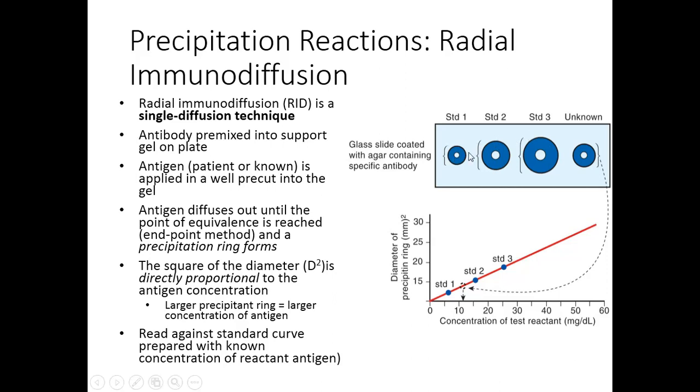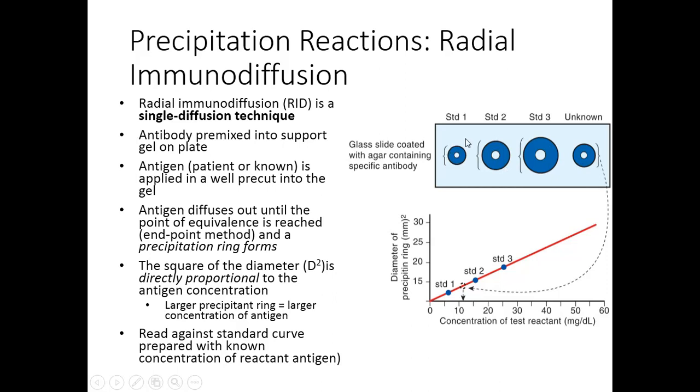There are little pre-cut wells in the gel, and either the patient or the known control antigen is applied into the well. So remember, we have antibody in the gel, and then we apply antigen into the well.